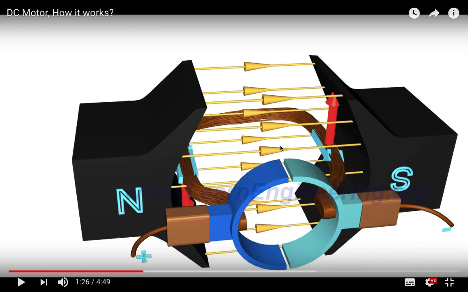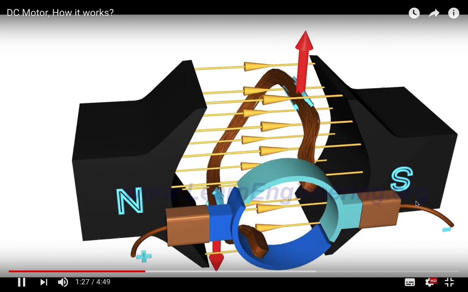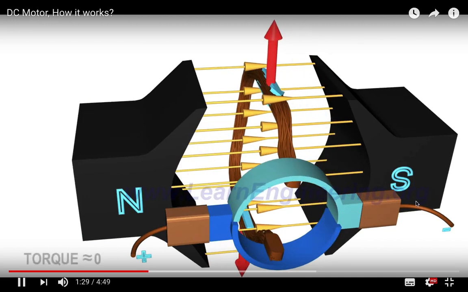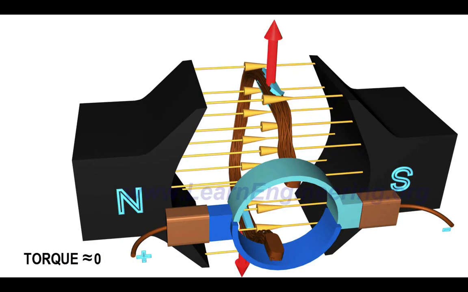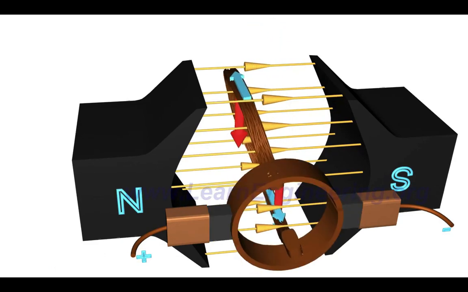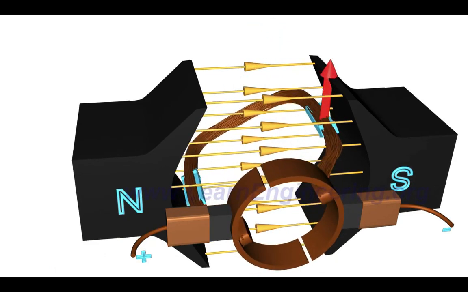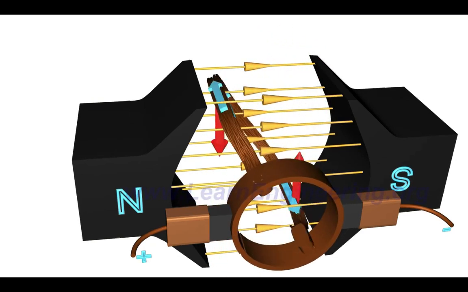The moment arm shrinks more and more. When it's vertical, the moment arm is zero, so the torque is zero. As a result, there will be irregular motion of the rotor if you run such a DC motor.